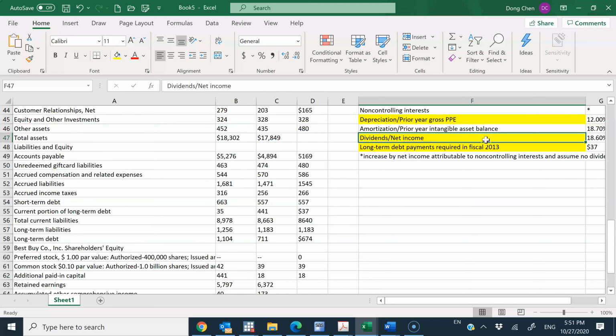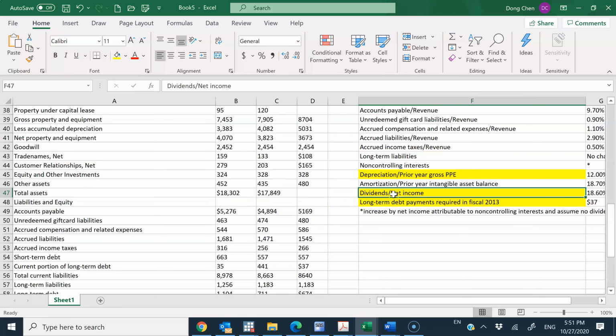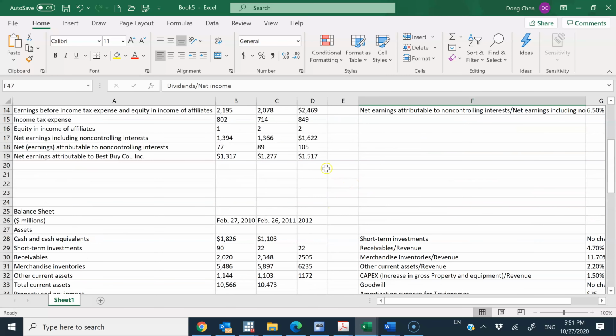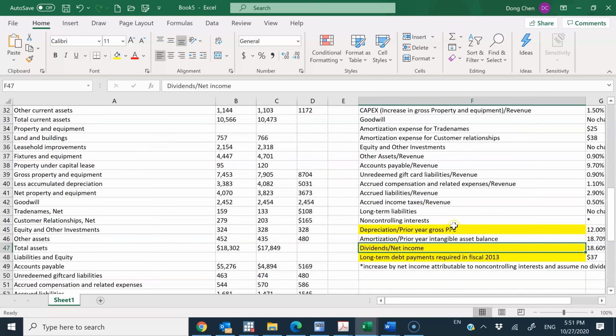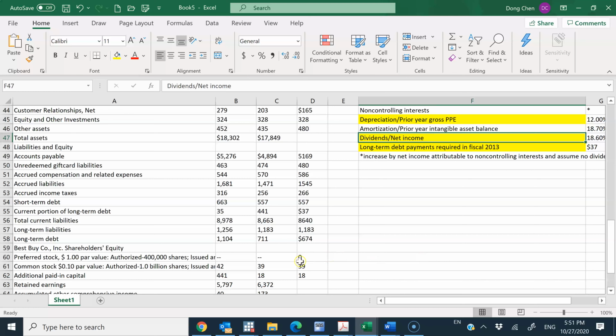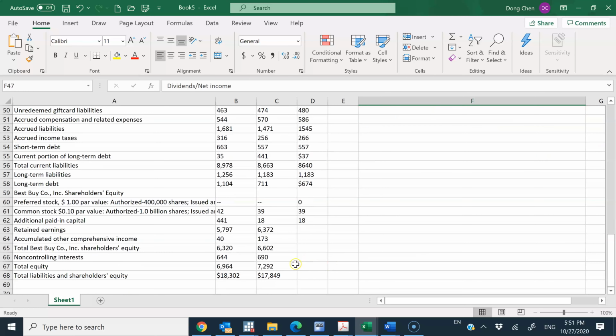Dividends as a fraction of net income is provided. From there, we can calculate the forecasted dividend. And we also know the forecasted net income from the income statement here. From those two numbers, we can get the addition to retained earnings. Hence, we can get the new retained earnings, which is the sum of the current level of the retained earnings and the forecasted addition to retained earnings.